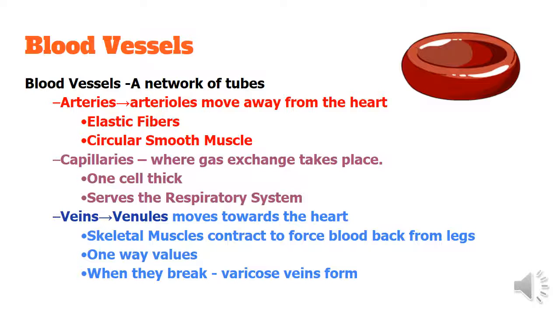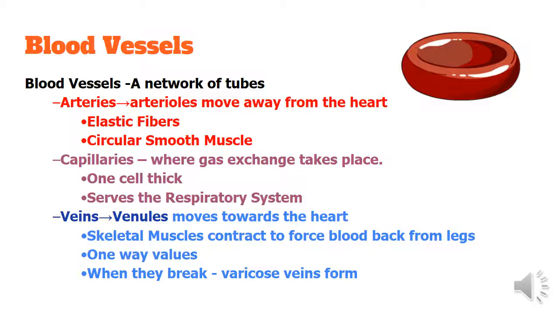The capillaries are at the very end of the system. Then the veins take the blood back to the heart. Skeletal muscles contract and massage, using a peristaltic movement to force the blood back from the legs up to the heart.